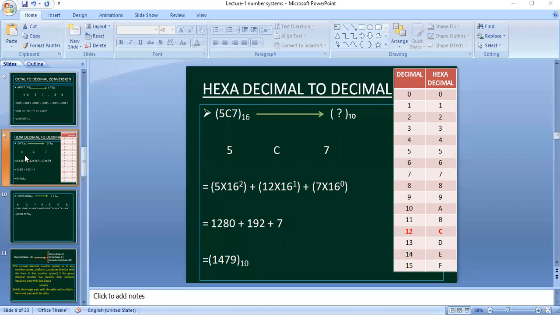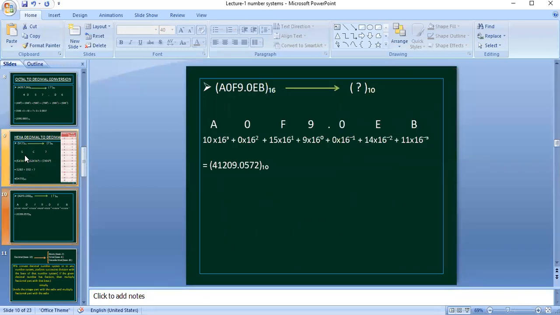Okay. And next, here I am taking another example. See here, this is also a hexadecimal number. The given base or radix is 16, which means the given number is hexadecimal. In hexadecimal numbers, we have 0 to 9 as numbers and alphabets from A to F. You have to convert this given number into decimal.